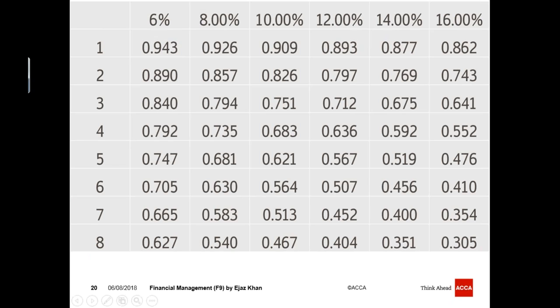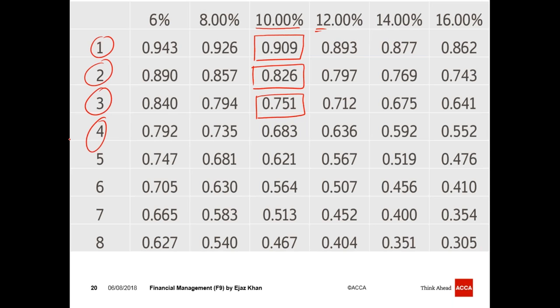Like in our example, it was 10%. So for year 1, it was 0.909. For year 2, it was 0.826. And for year 3, it was 0.751. Remember, the whole table shows present values of $1 at different rates and different timing. So we need to pick up the relevant discount factors from this table and just put them in our example and find out the present values.